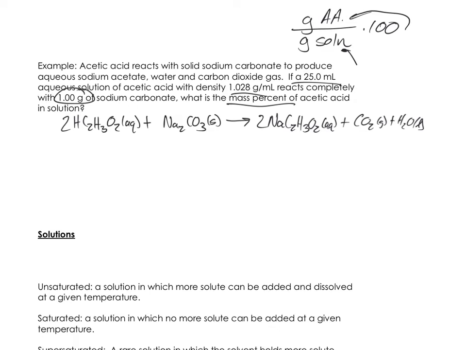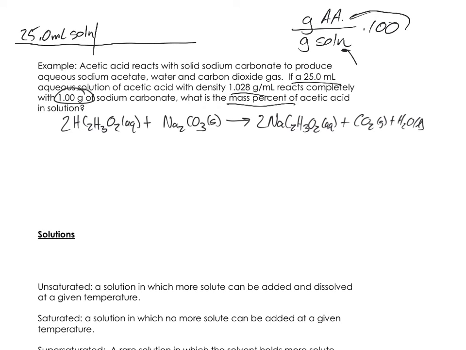This is an important concept to realize, and this is where attention to detail becomes vital. You need to pay attention to what you're doing and how you're writing things. What are you looking at? What are you trying to figure out? So the first thing I'm going to do is come up with the grams of acetic acid solution. So I have 25.0 milliliters of solution, and this is where using at least an abbreviated form of the full units will help.